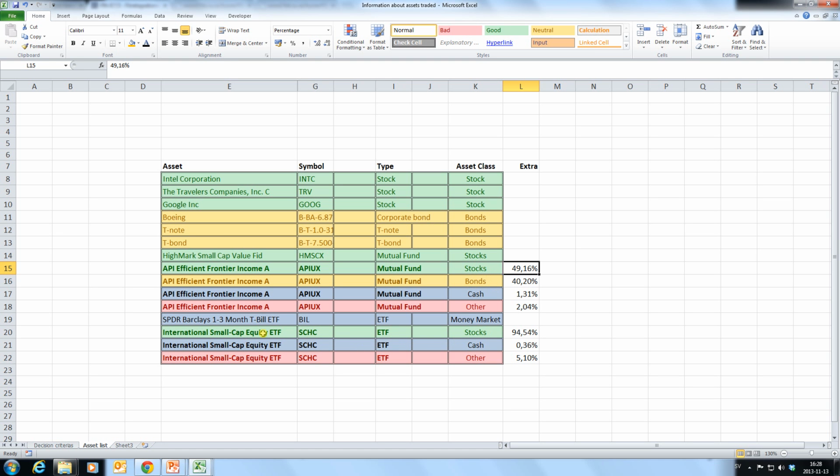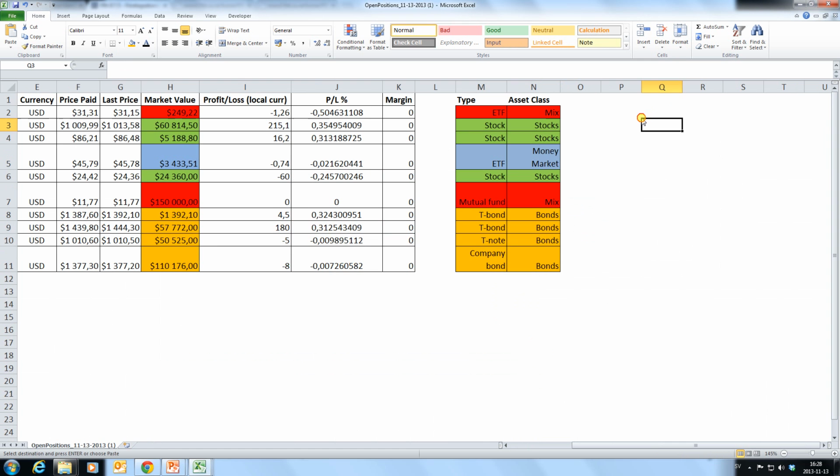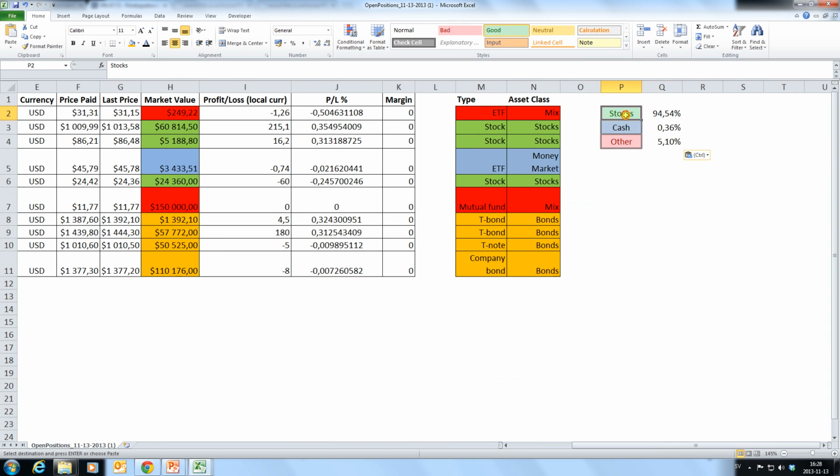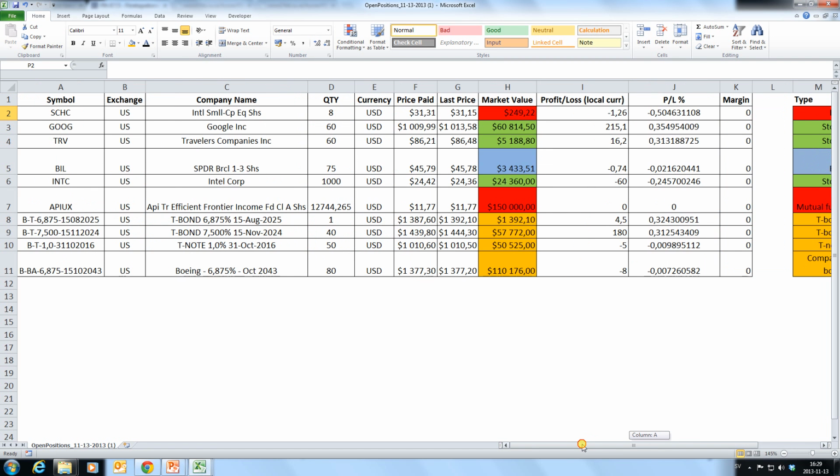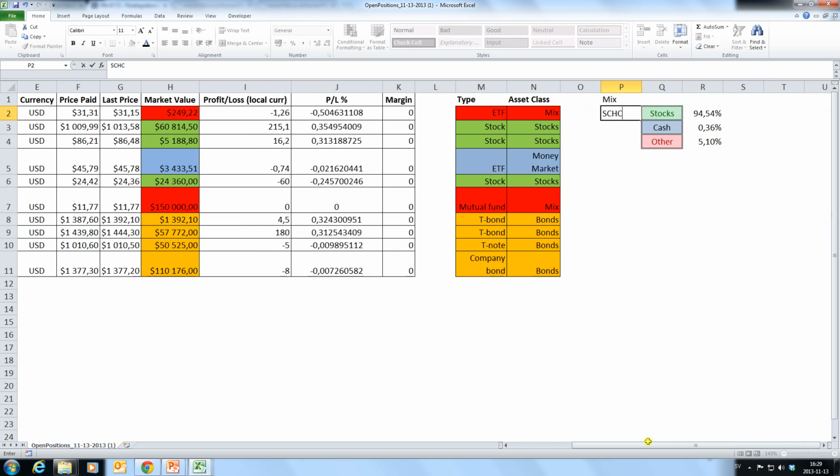So we can start maybe with SCHC. So I copied it and I insert it here. Okay, so what I've done now is that I've said that for the mix class, we have a few mixed assets, and this is for the SCHC.